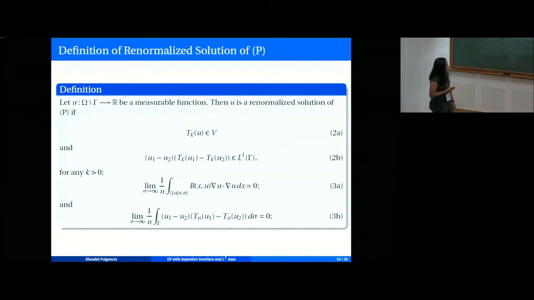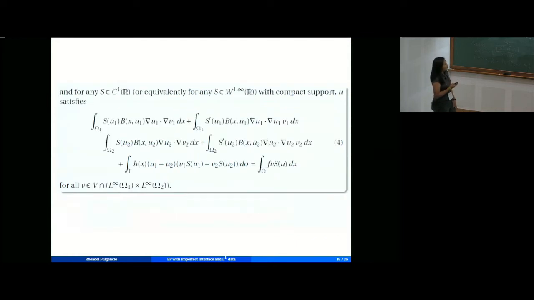The other two conditions are decays. We don't know how to call this, so we just call it decay of the truncated energy. And this is the decay on the boundary, on the interface. And of course, we have the renormalized formulation for a C1 function S with compact support. Then U must satisfy this formulation where our test functions must be functions in V that are bounded.